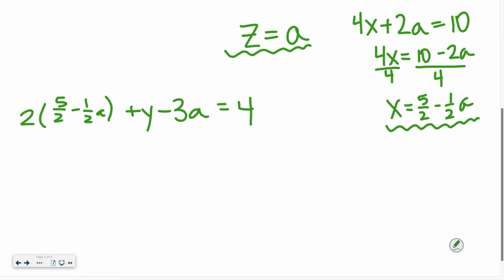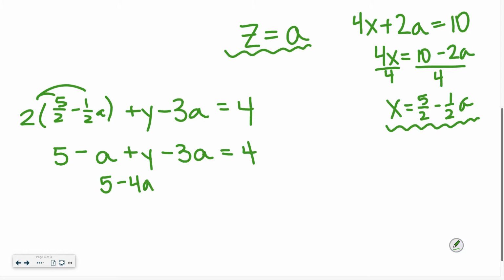Okay, so if we distribute this through, we have 5 minus a plus y minus 3a equals 4. So what we have is 5 minus 4a plus y equals 4.